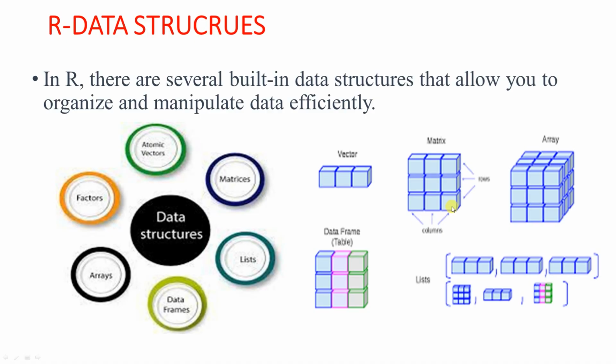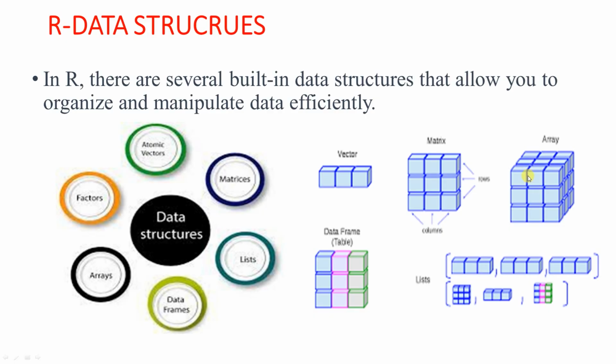The third data structure is arrays. Arrays hold more than the matrix data structure. It contains more than 2 dimensions, and that is called an array.